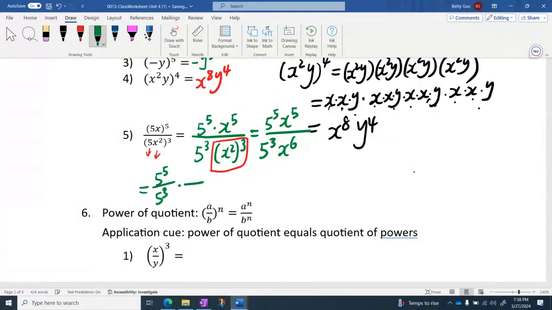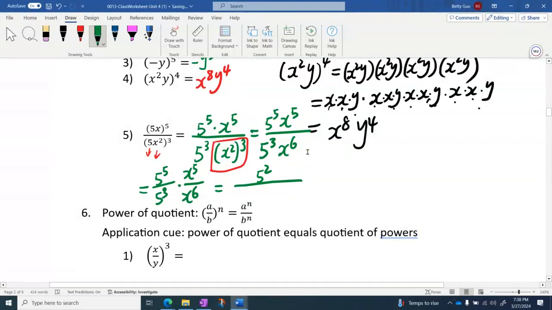And then multiply x to the power 5 here, x to the power 6 here. You can see that as the multiplication of two parts, or you can just handle the fraction like this. 5 to the power 5 over 5 to the power 3. The numerator is dominating, so 5 minus 3 is 2. So we have 5 squared in the numerator.